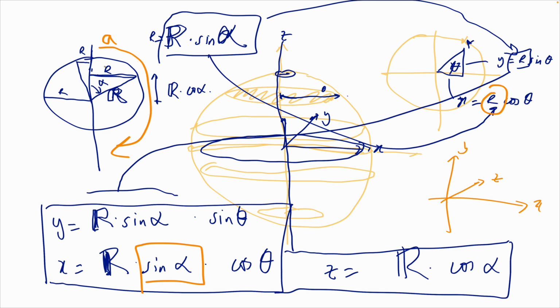So the effective radius of that sliced circle was r sine theta, and then x and y was the cos and sine of the other angle around, which we call theta, which described how we were moving around the Earth in this direction.